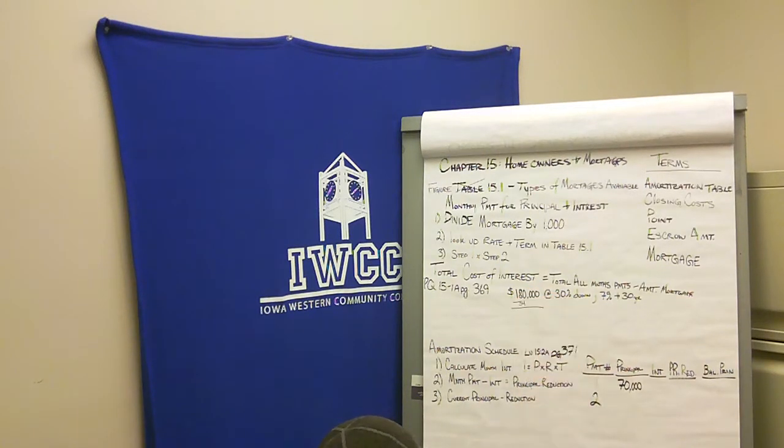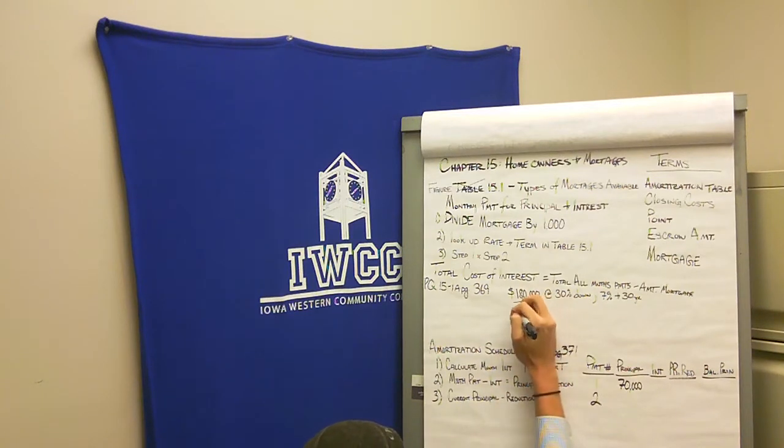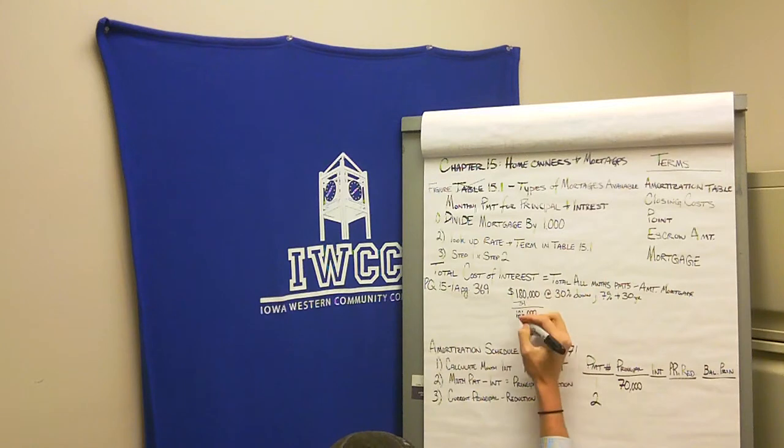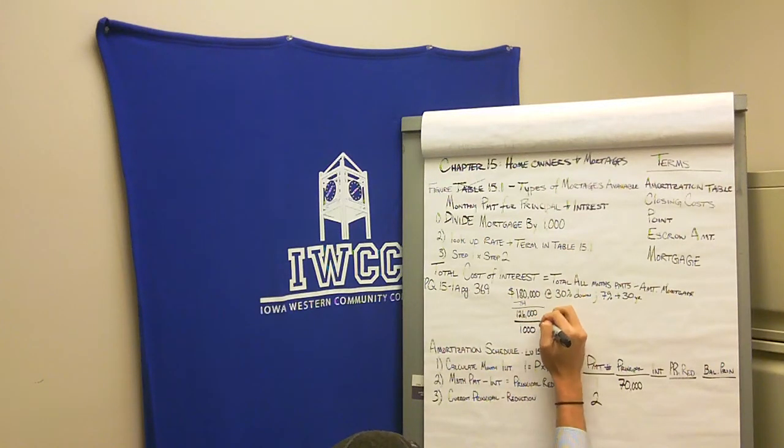So how much was my loan? $126,000 is what my loan was. I divide that by 1,000, and it gets me 126.